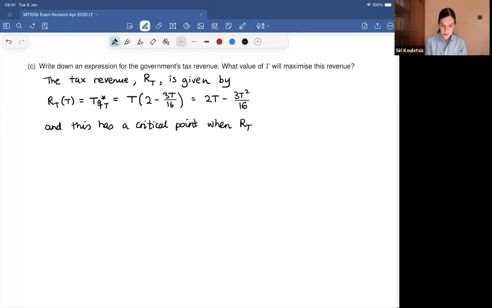And that happens when the first derivative of R is equal to 0. And so we differentiate. So it's 6t over 16 here, but that simplifies to 3t over 8.